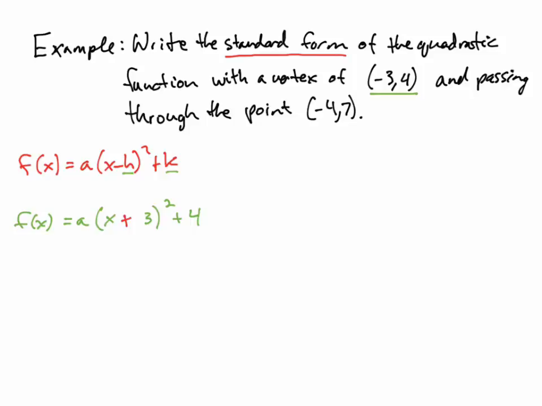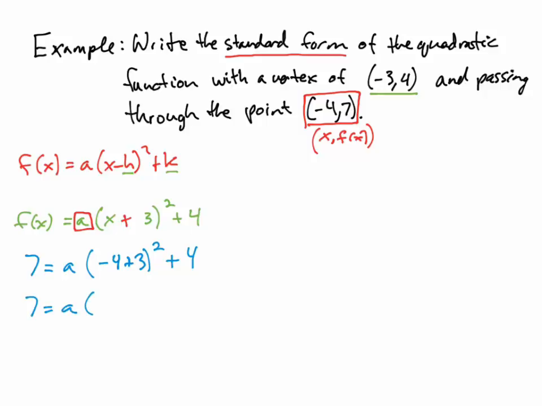Alright, so what we need to do is find the a value here. And what we do is we use the second point, (-4, 7), plug that in for x and f of x, and then we can solve for a. So 7 is going to be f of x, so 7 is equal to a times (-4 plus 3) squared plus 4, and then we just solve for a. So 7 is equal to a times (-1) squared plus 4.